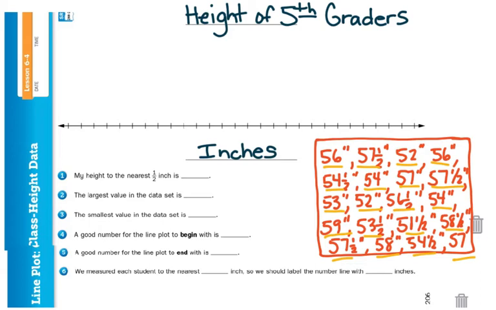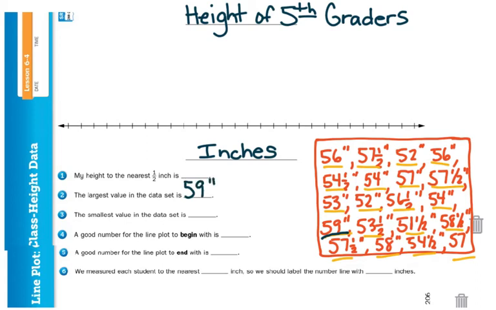And then let's go ahead and answer the questions before we graph our data. The largest value in the data set. What is the tallest student? I believe it is 59 inches. So I'm going to write 59 inches.